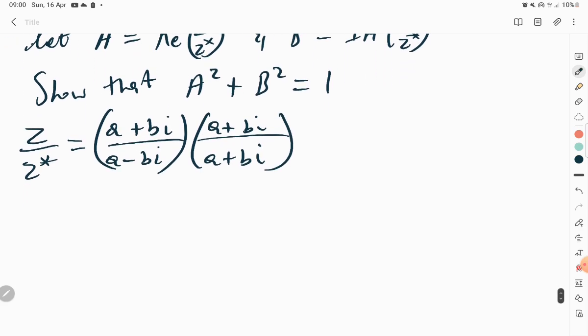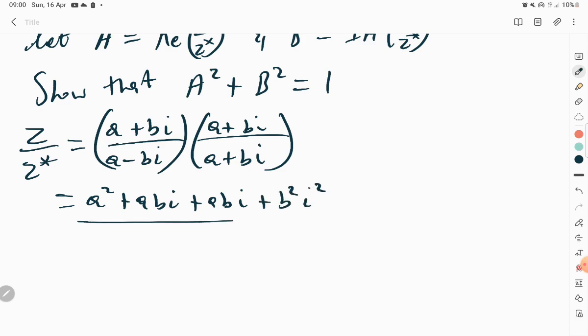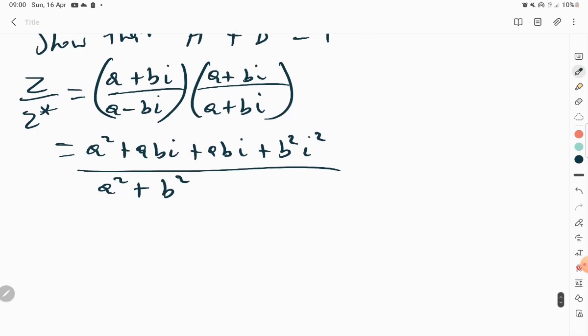When you do the expansion, you'll find that you have a squared, then plus abi, then plus abi, then plus b squared i squared, all divided by what? The denominator is just the difference of two squares, which is going to be a squared plus b squared. Otherwise you can play around with this expansion.